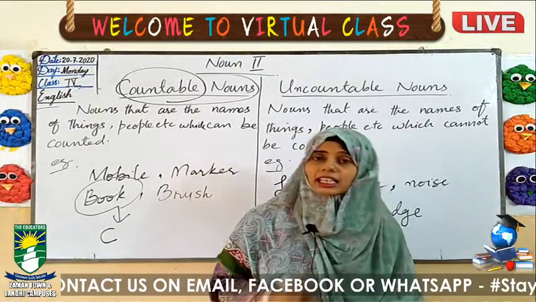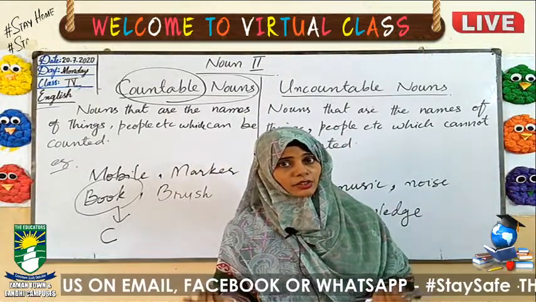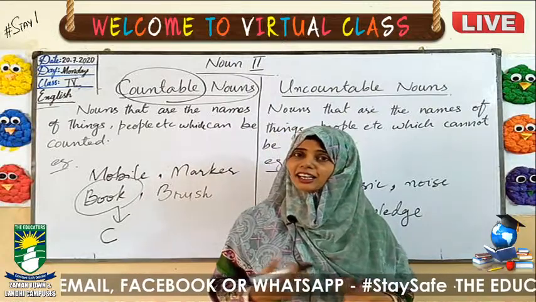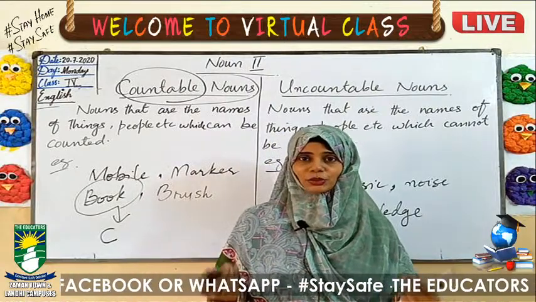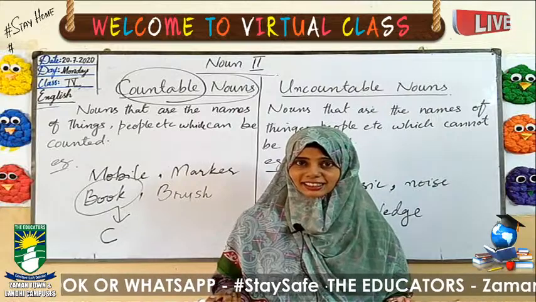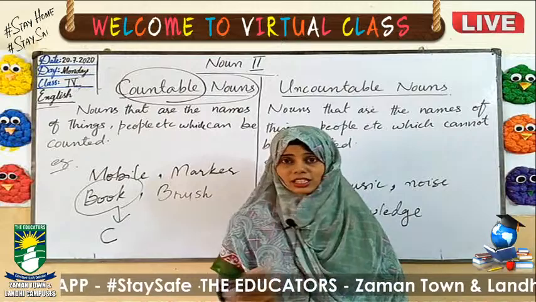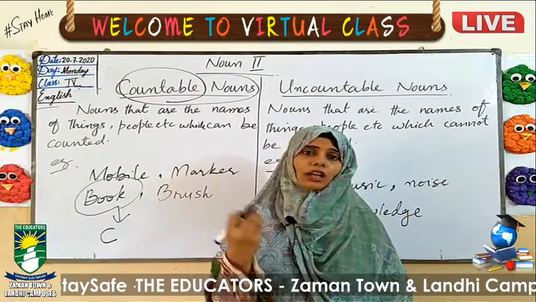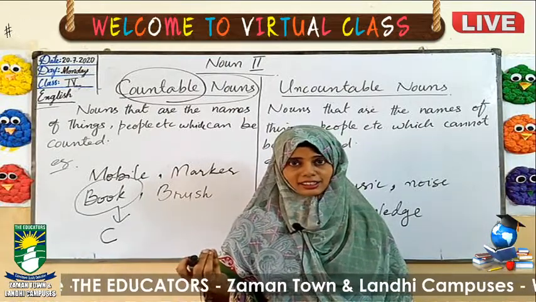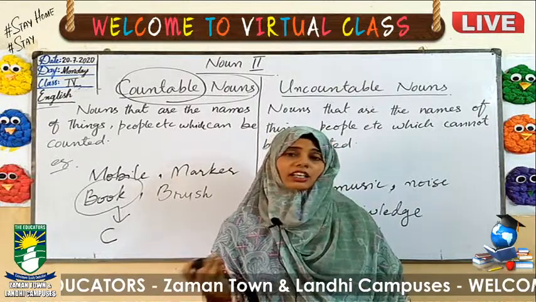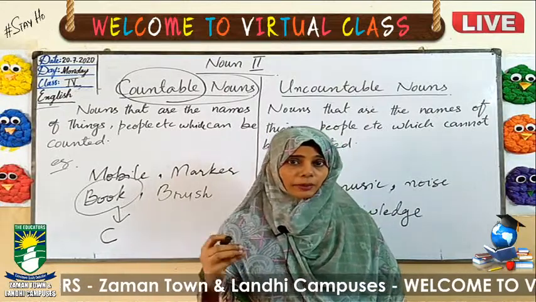Do you like sweet taste? Of course. I like it too much. Do you like sweet taste? Okay. If you have something which is very sweet, can you count the sweetness of that? No, we cannot count. Okay.